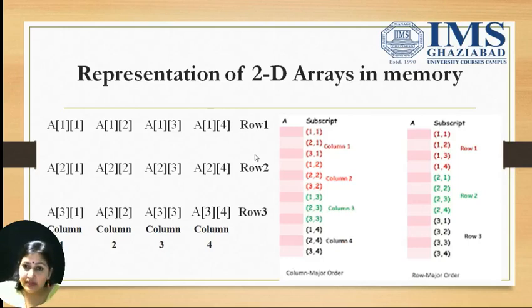Now, in row major representation, firstly the first row, that is A11, A12, A13, A14, gets stored, then the second row, and after that the third row and so on. So now we can understand how a two-dimensional array gets stored in a linear memory.